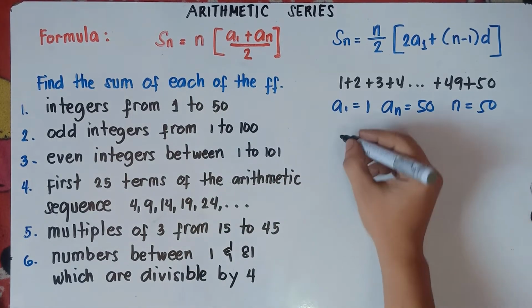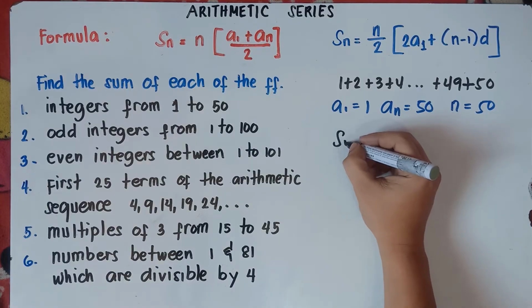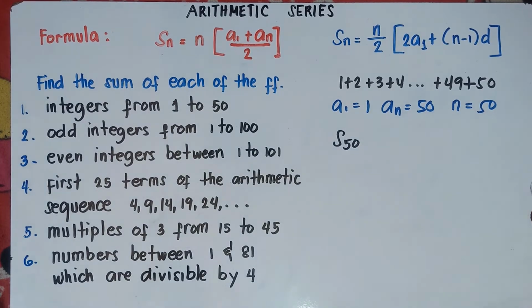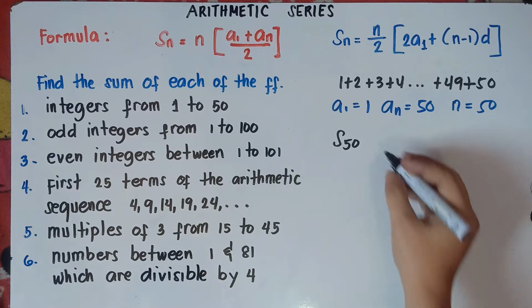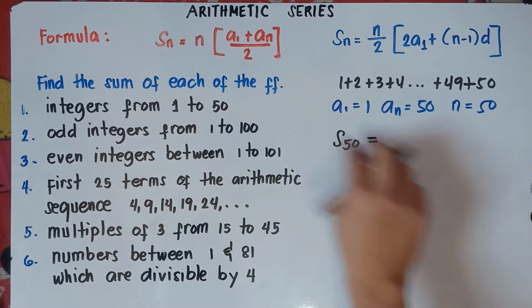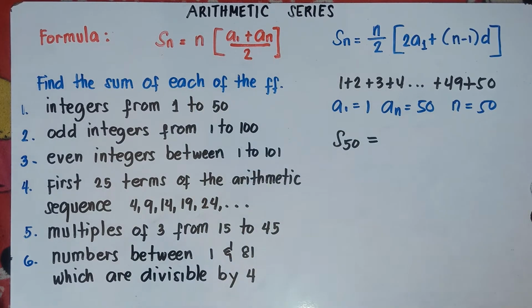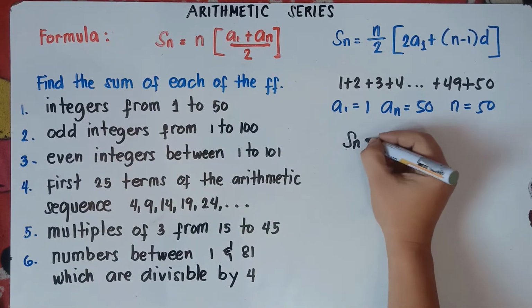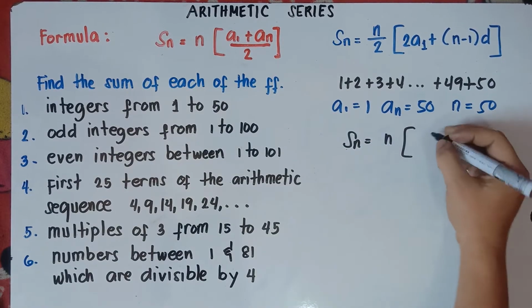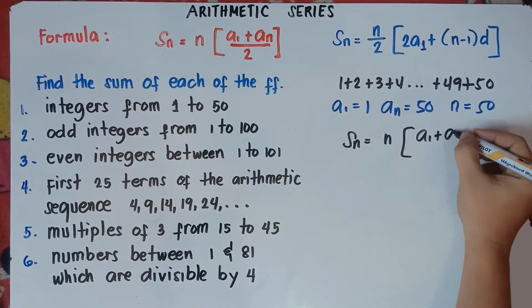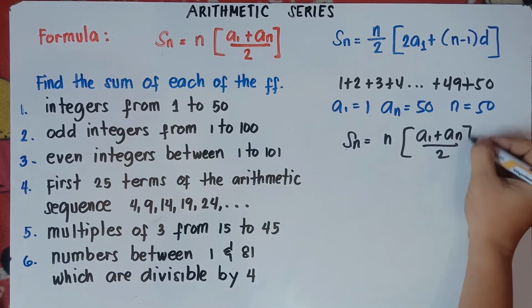So S sub n, or S sub 50, looking for the sum of the 50 terms, equals n, the number of terms. Let me just write the formula. S sub n equals n times the first term plus the last term, divided by 2.